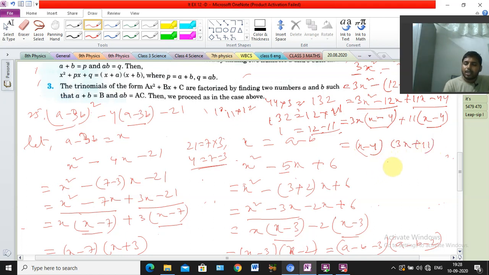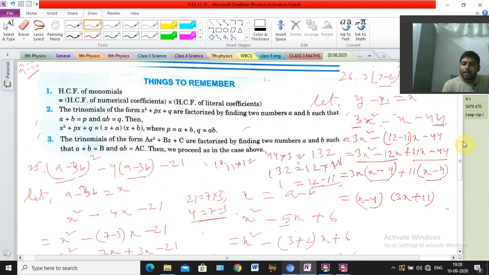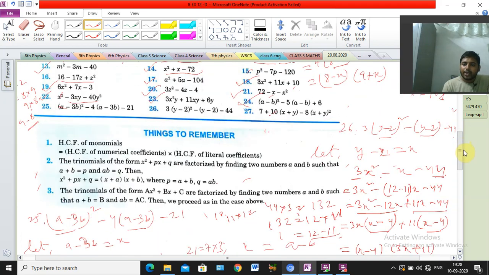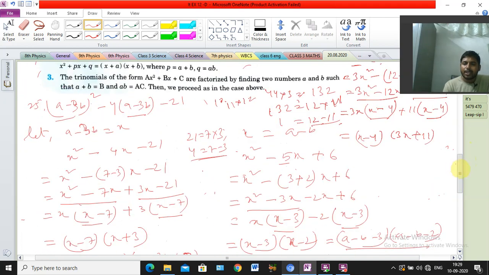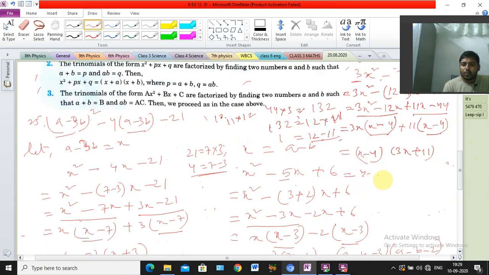But this is not the answer, because instead of x, y minus 2 was there. So write y minus 2 instead of x. That means y minus 2 minus 4, and another one, 3 into y minus 2 plus 11. Now a little calculation. y minus 2 minus 4 is y minus 6.